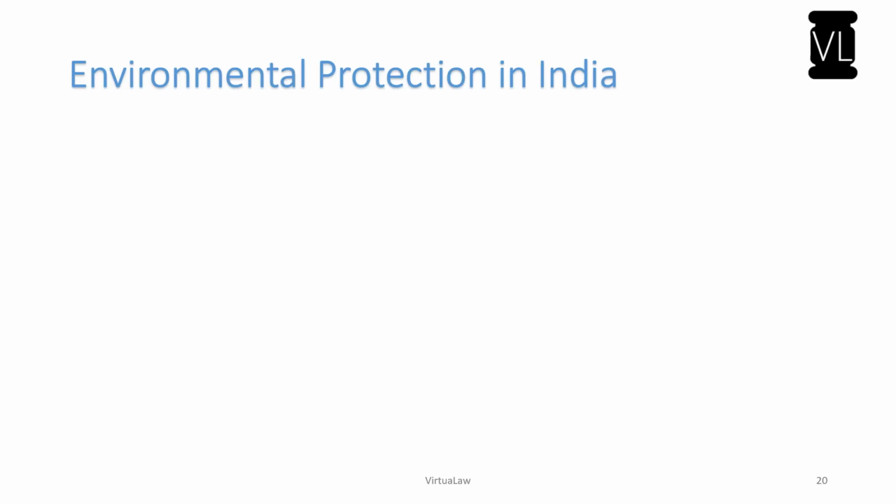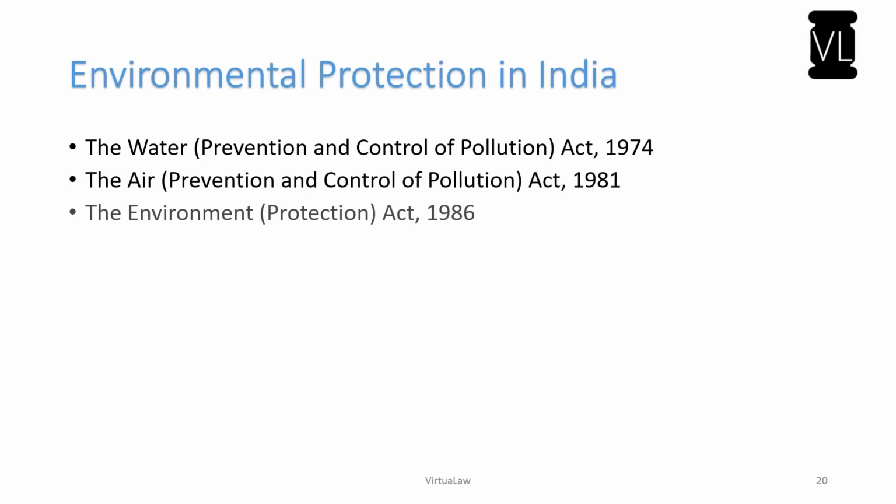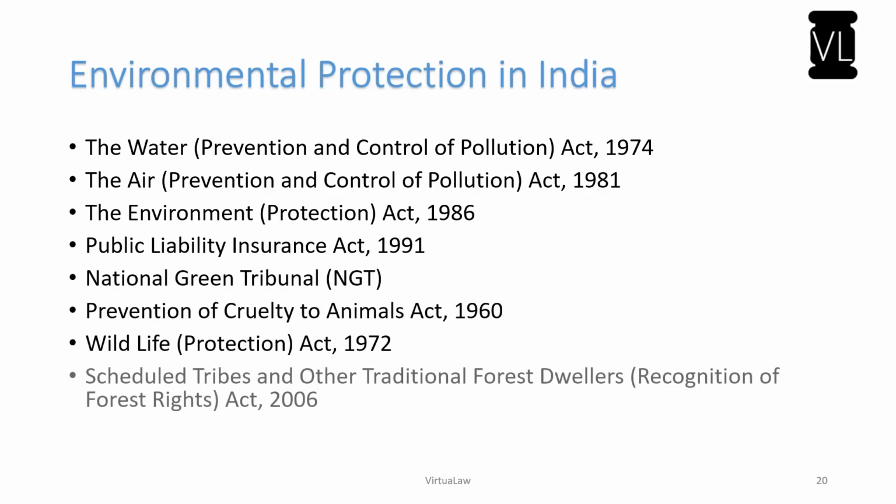Under environment protection in India, based on all these conferences, conventions and commissions, India has come up with environmental protection through various legislations. So what are all the legislations? Just remember the names of the legislations, and that itself is sufficient. First is the Water Act 1974, Air Act 81, Environment Protection Act 1986, Public Liability Insurance Act, National Green Tribunal, Prevention of Cruelty to Animals Act, Wildlife Protection Act, Scheduled Tribes and Other Traditional Forest Dwellers Recognition of Forest Rights Act 2006.